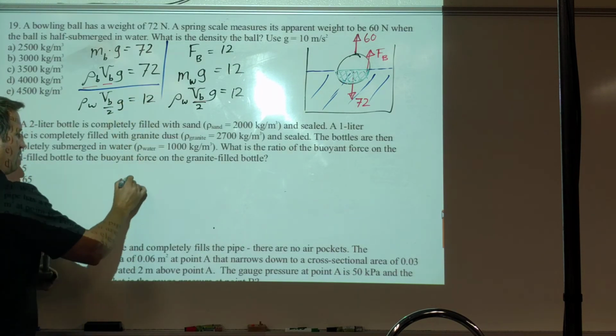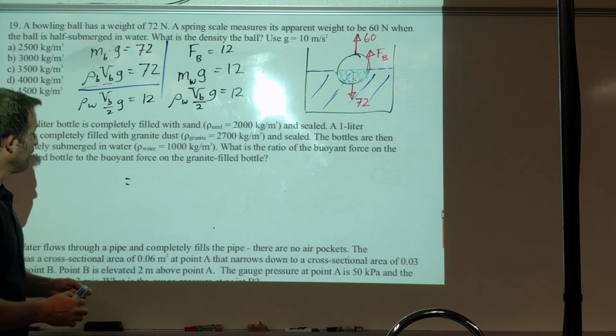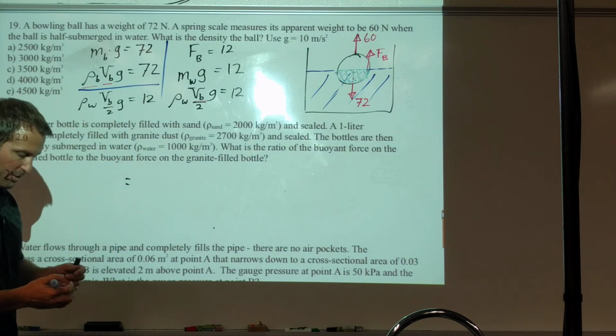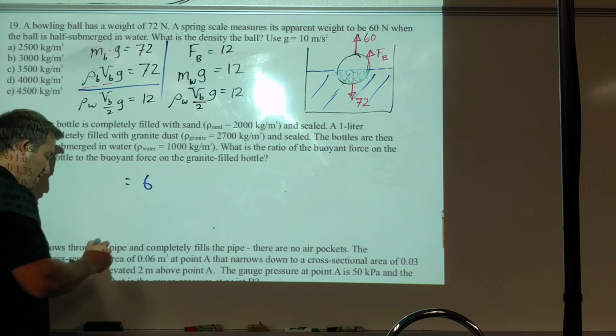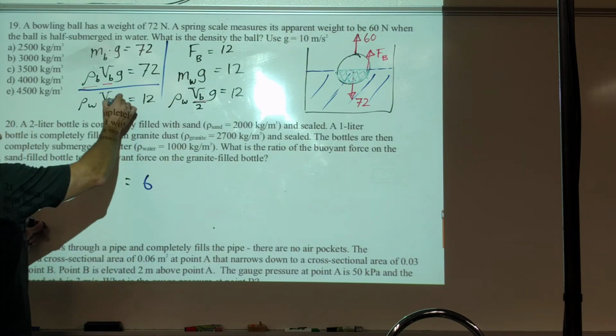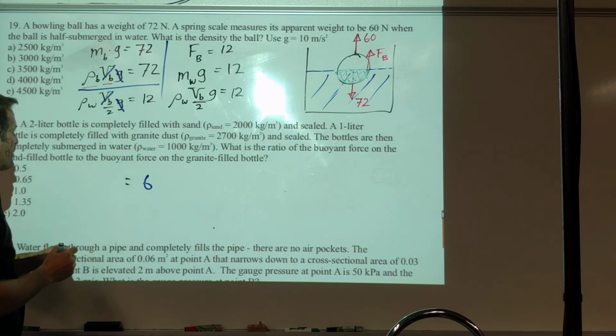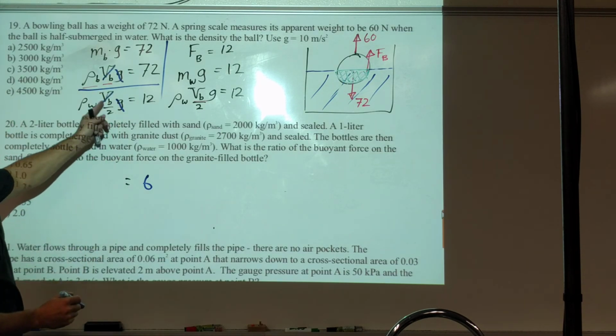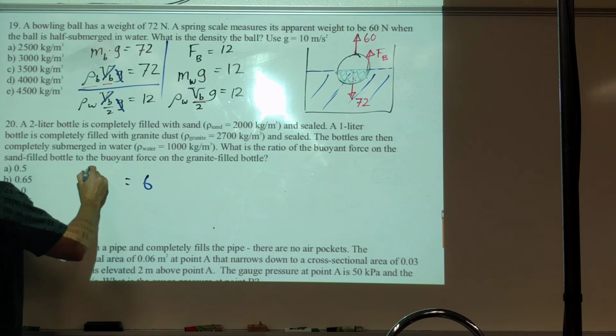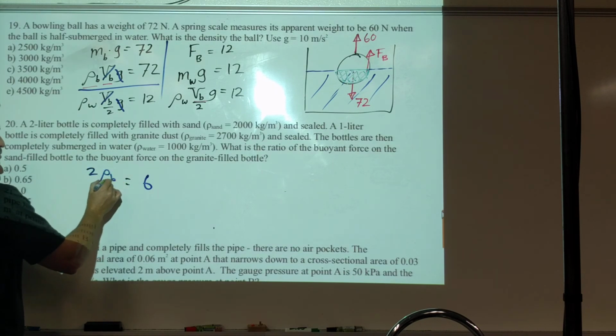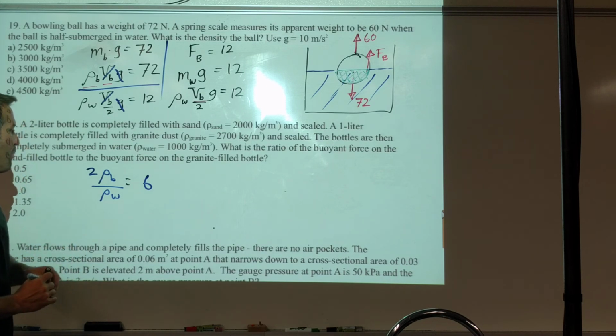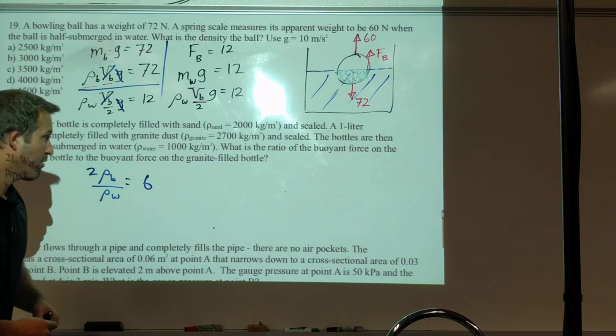When I take 72 divided by 12, that'll give me 6 over here. I do get some cancellation. And so what am I going to get? There's a 1/2 down here, so I can write that as 2 times the density of the bowling ball over the density of water. And when we plug this in, we're going to get 3,000.